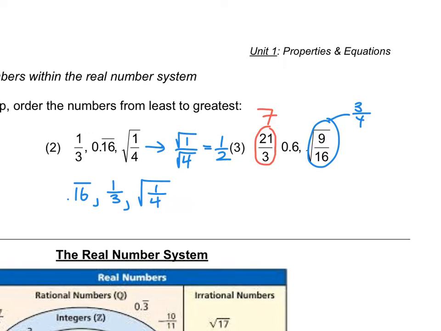That's one of those fractions that we know in decimal form without having to put it in the calculator. So the smallest value here is the 0.6. What's the next one? 3/4, but we'll write it in its original form of the square root of 9/16. And then the last one is the 21/3.